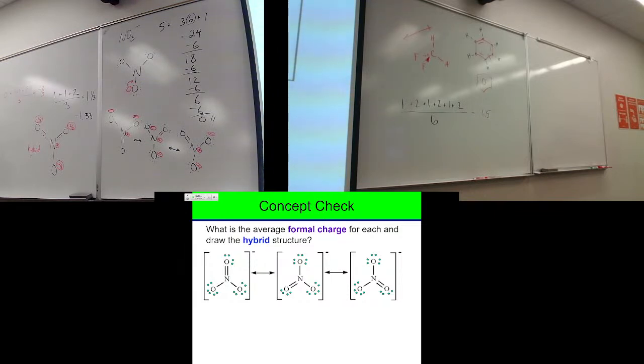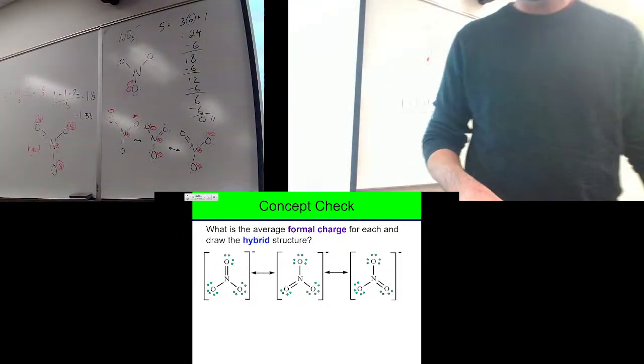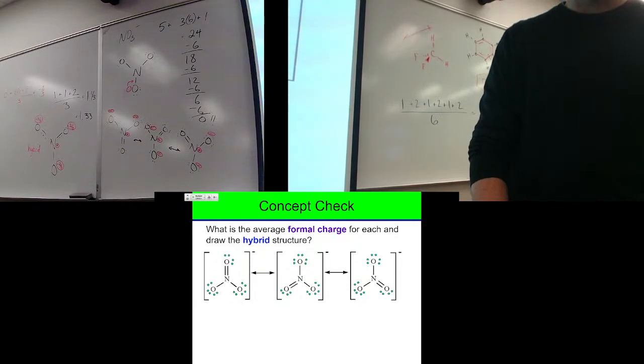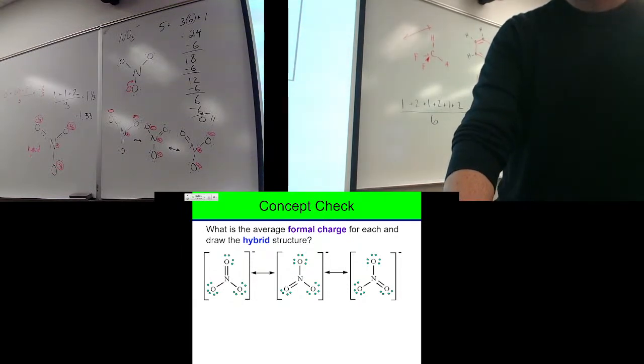Alright, so resonant structures help stabilize atoms, or molecules, excuse me. They make stronger bonds, they spread out the formal charges a little bit more, and that's why they exist. Or it's one of the reasons that they're useful. Okay.